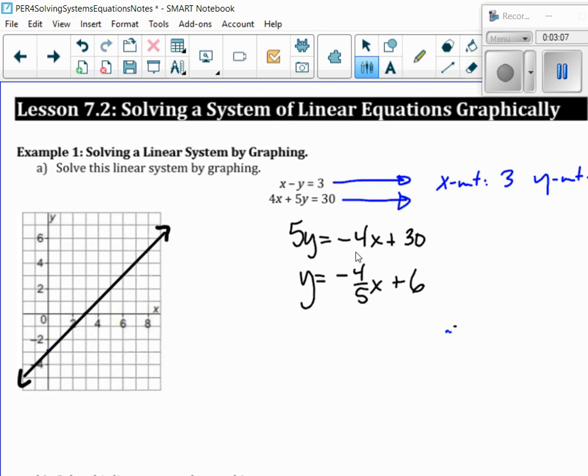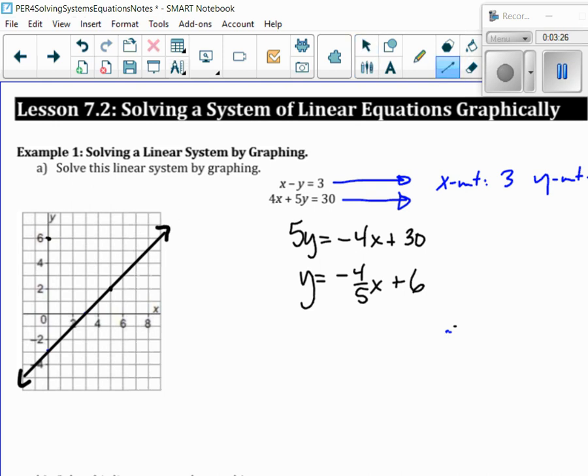Okay, so how do I graph that? I put a point on 6, and then I do what? I go down 4 over 5. So 1, 2, 3, 4 over 5. 1, 2, 3, 4, 5. Oh, that's convenient. There.